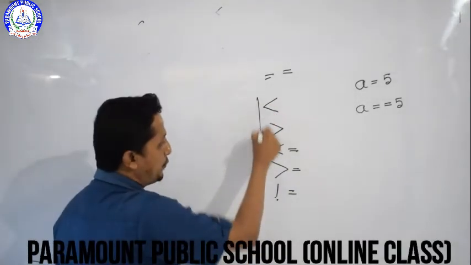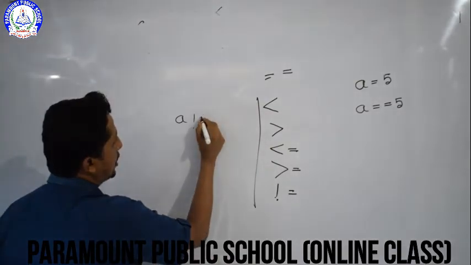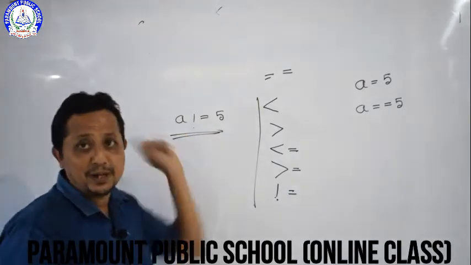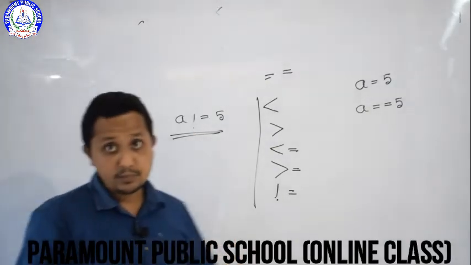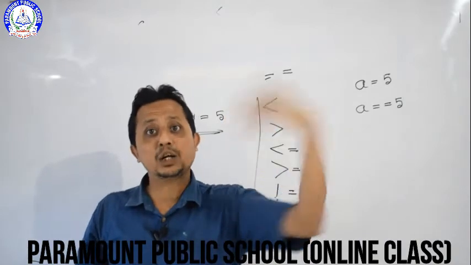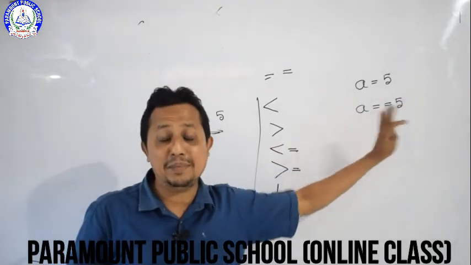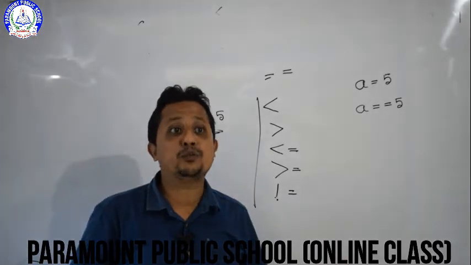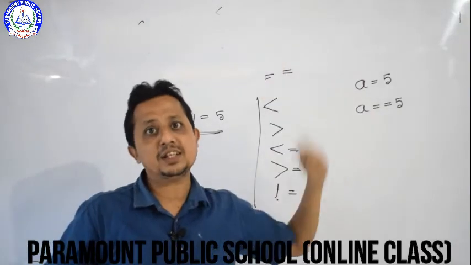The result of such operators is either true or false. When I write A double equal to 5, it checks whether the value of A is equal to 5 or not. If it is equal to 5, then it is true. If it is not equal to 5, it is false.